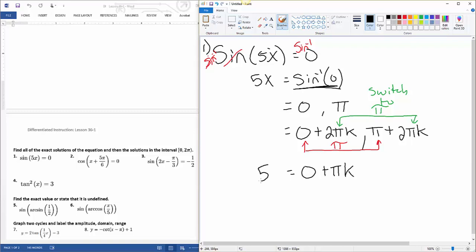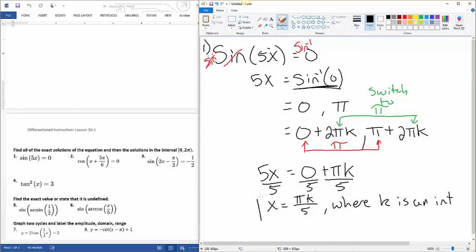Now this still equals 5x. So then I divide everything by 5. And so I know my x is going to equal pi k over 5, where k is an integer. So these are the exact solutions. Say this is all the possible solutions that could ever exist that would make that statement true for x.